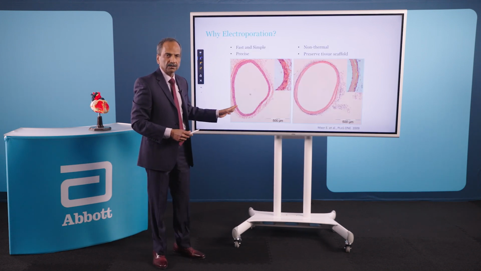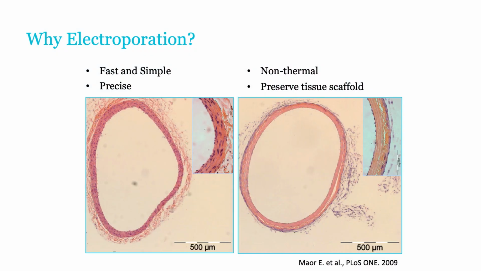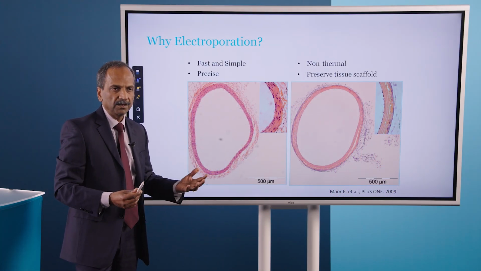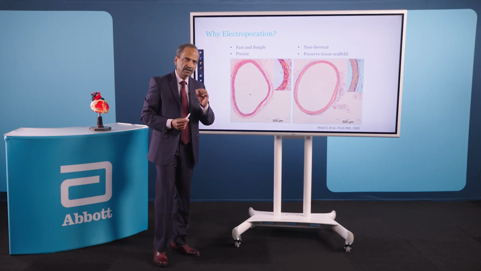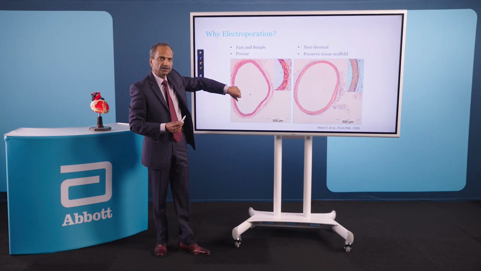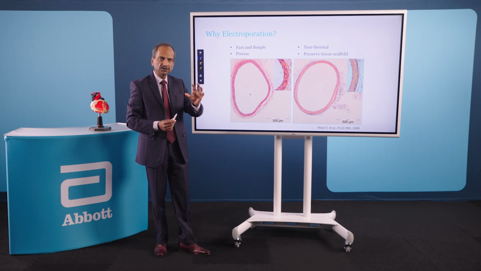Now, contrast this to some of the early work. This is from my colleague, Dr. Elad Maor. Rabbit carotid arteries, you actually electroporated, ablated with pulse fields from inside the artery, and we did not have any permanent loss of architecture. This is a different situation. We're not talking about thermal damage to the artery, but spasm of the actual vascular smooth muscle.